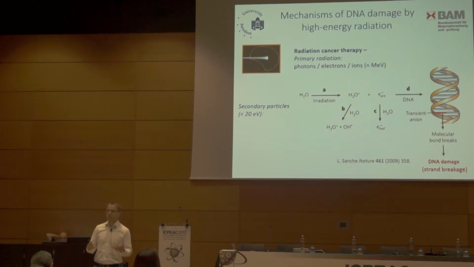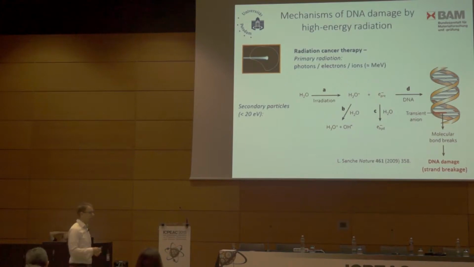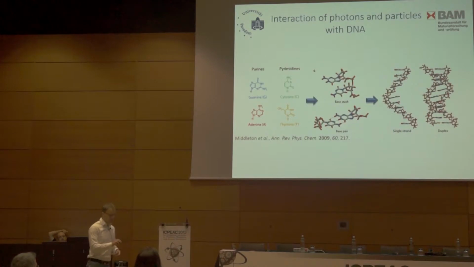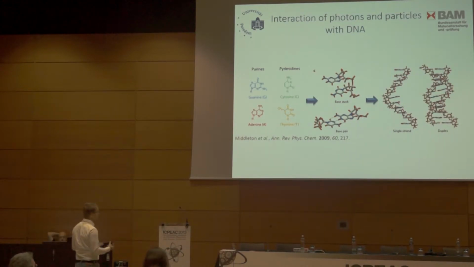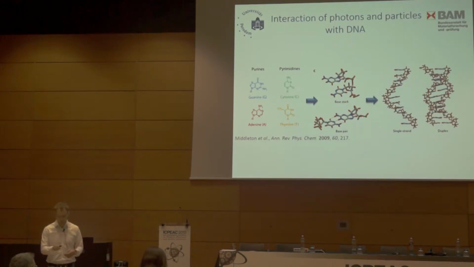And to study the underlying molecular mechanisms of this electron attachment, very often model compounds are used to understand these processes. And the most simple model compounds are nucleobases, DNA nucleobases. And these are very often studied, and in the meantime, the interaction of electrons with nucleobases are quite well understood.